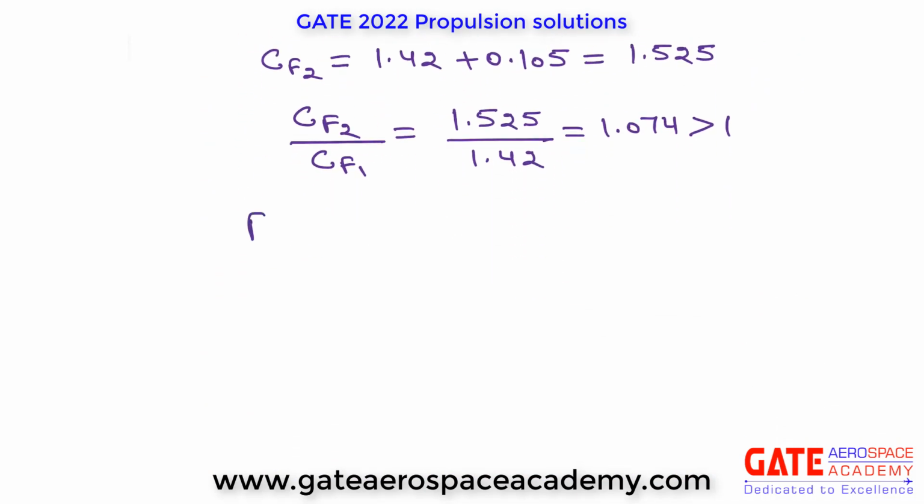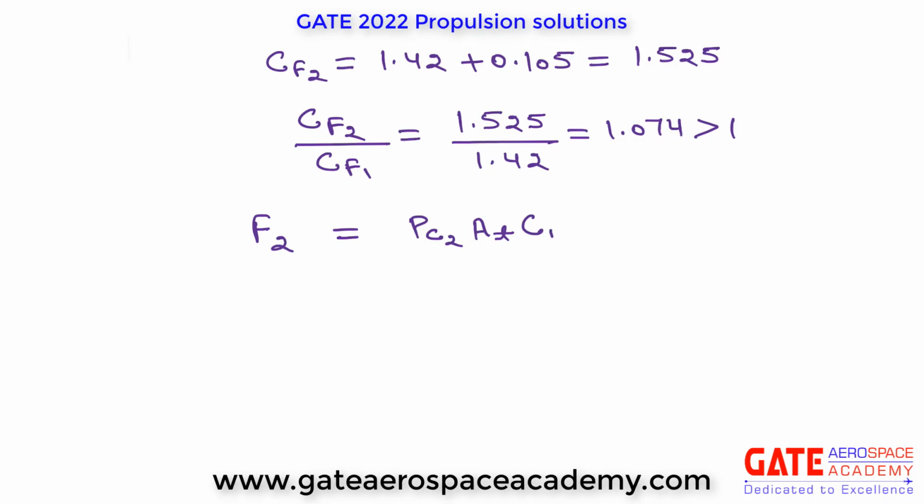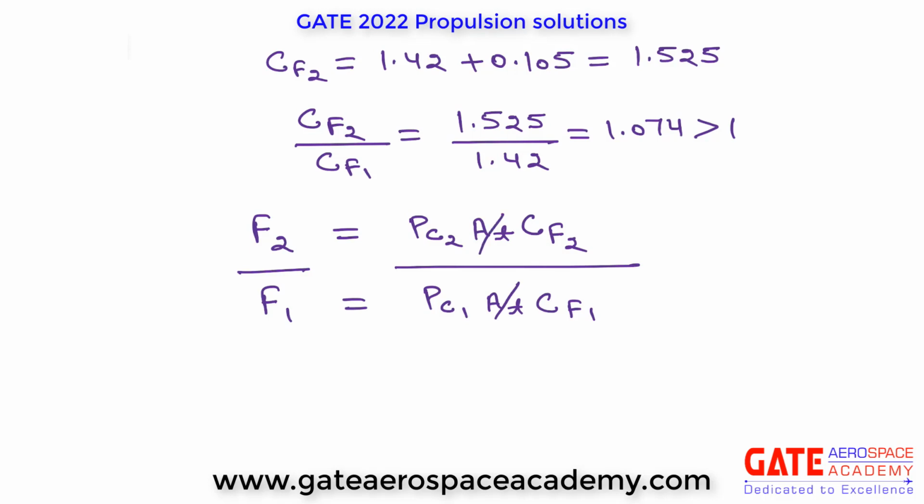So we can write F2 is equal to PC in case 2, AT, it is the same, PC AT into CF2. Similarly, F1 is equal to PC1 AT CF1. If we divide both, AT and AT will get cancelled out.